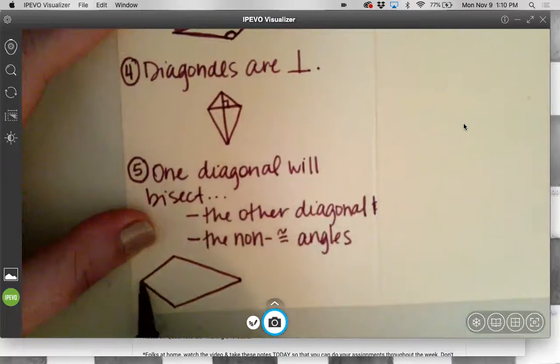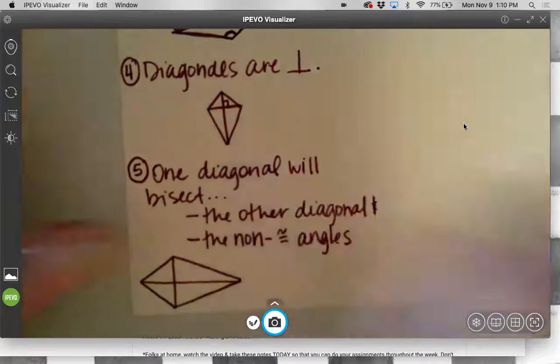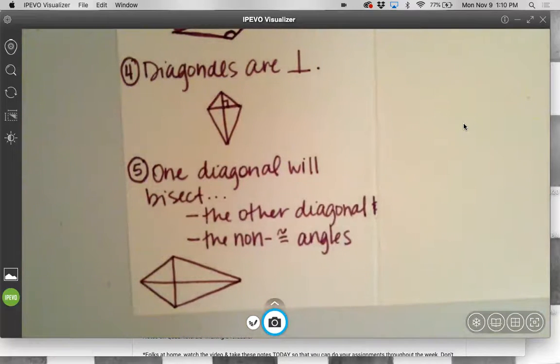let's draw a diagonal and another one. So let's just look at it and use some common sense. Only one of those diagonals looks even remotely close to being cut in half. Is it running up and down, or is it running side to side? The one that gets cut. Yeah, it's up and down.